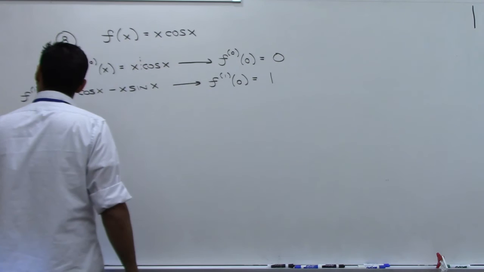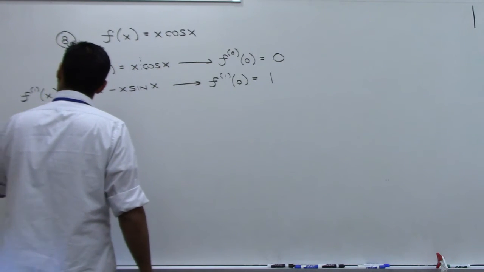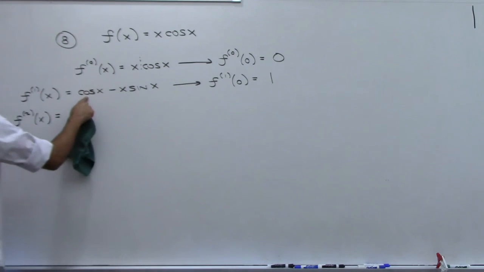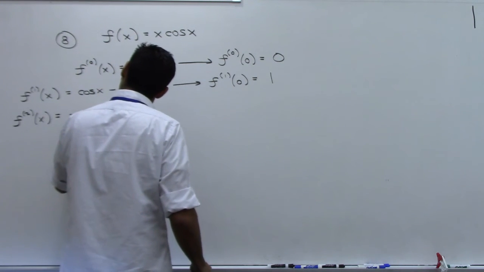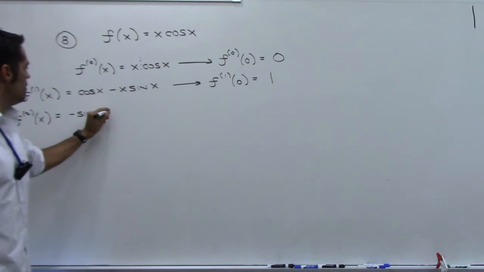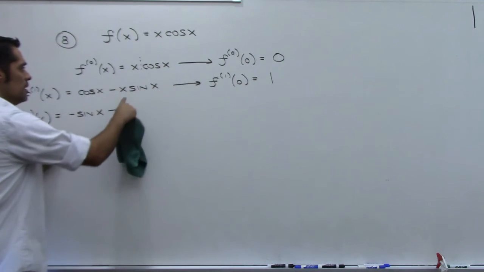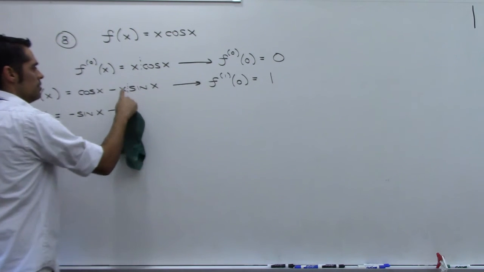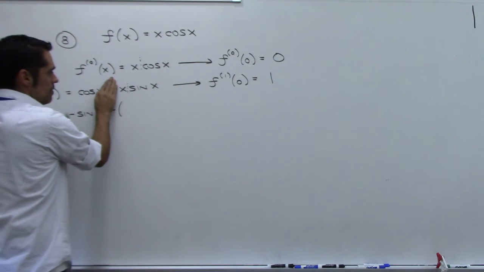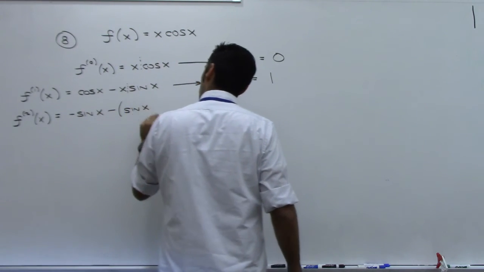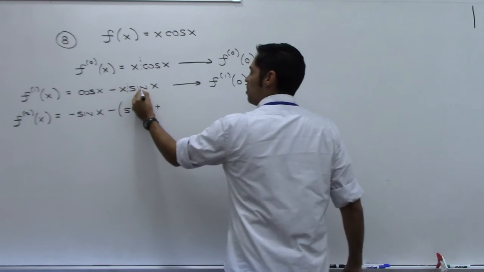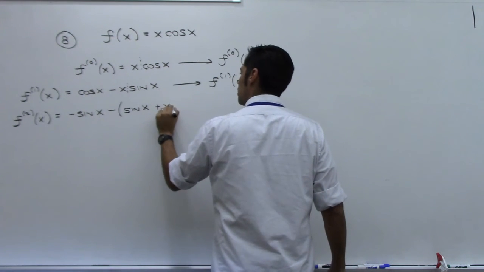Now the second derivative. These derivatives are going to start to get ugly. Okay, derivative of cosine of x is negative sine x. And then I have minus, in parentheses, a product rule right here. So the minus I'm not looking at. Derivative of x is 1 times sine x, plus derivative of sine x, which is cosine x, times x, so x cosine x.